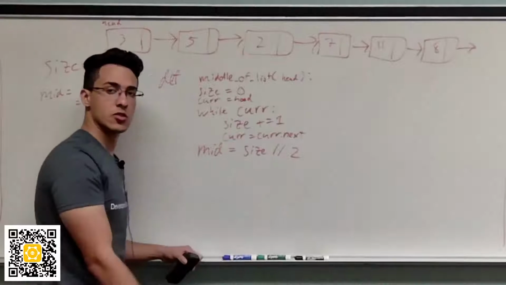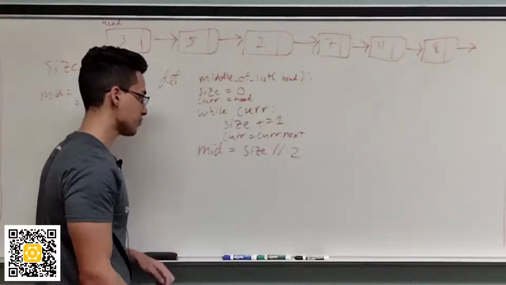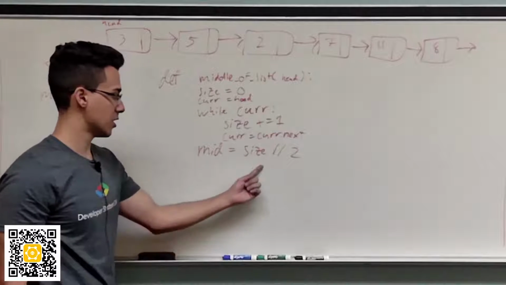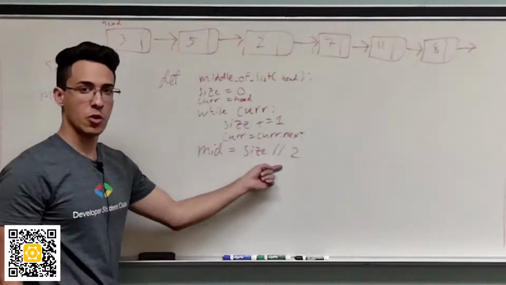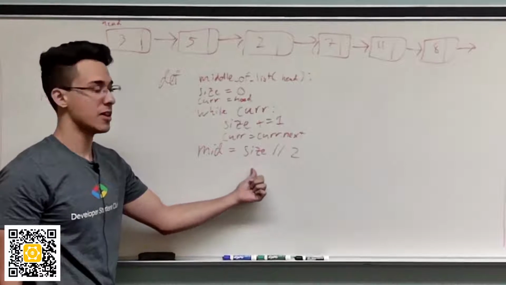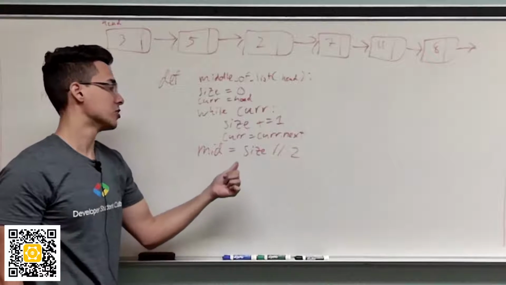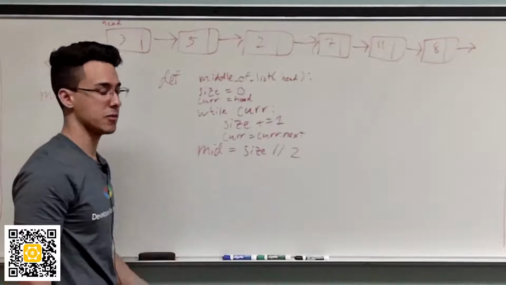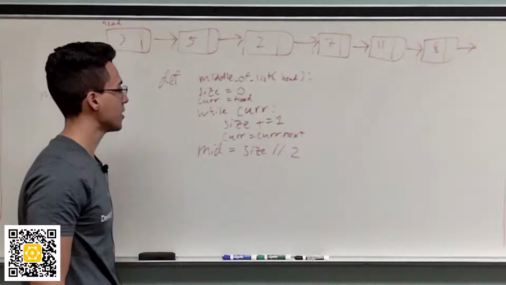We're trying to do integer division. This gets the integer instead of the float value, because size could be 7. And if you divide it by 2, you get 3.5. And doing it like this it turns it into just 3. It gets the floating point numbers out of the way. Like, this is going to return an integer.